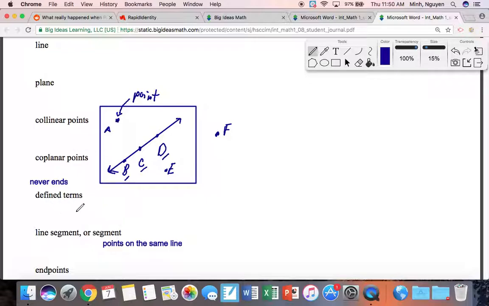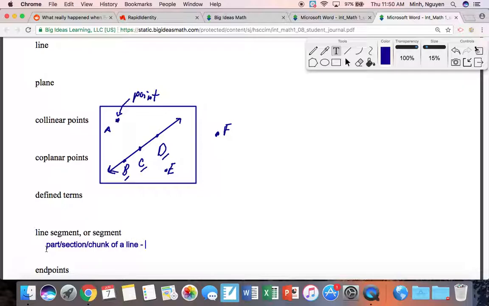Let's see, we're going to skip defined terms, I don't think it's that important. Line segment. A line segment, or segment, is a part, section, or chunk of a line.